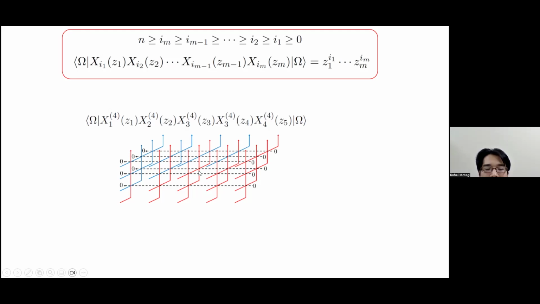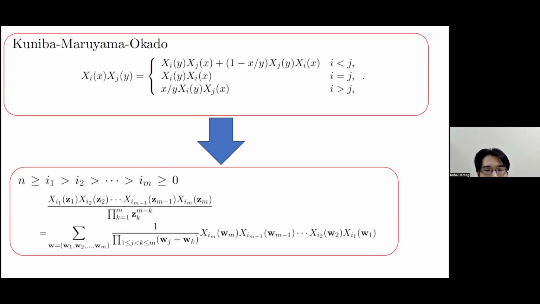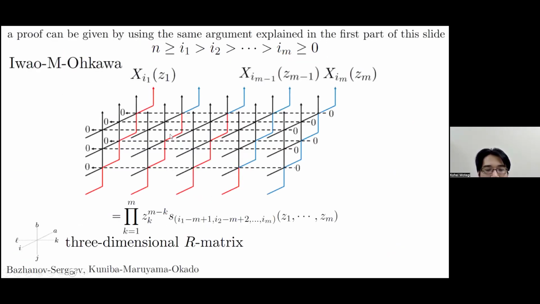You can show there is only one configuration in this case, and from that configuration you have this very simple monomial, and then in the way which is basically the same as I explained for the first construction, you can show this partition function becomes a Schur polynomial with some overall factor.